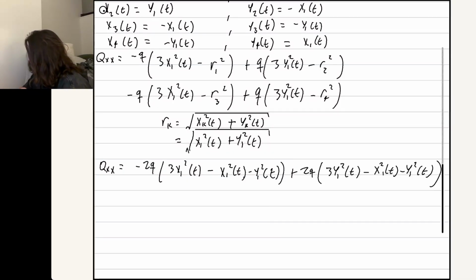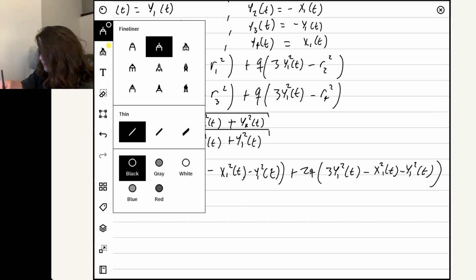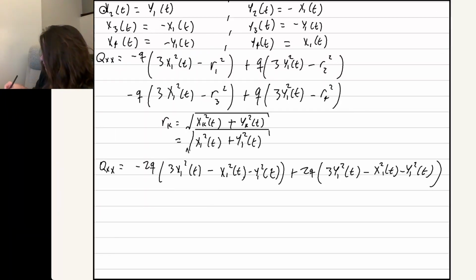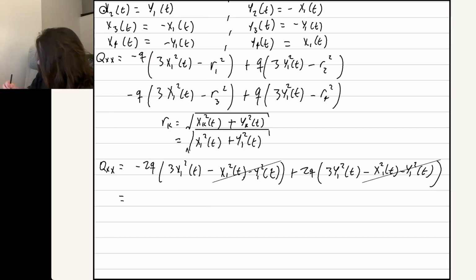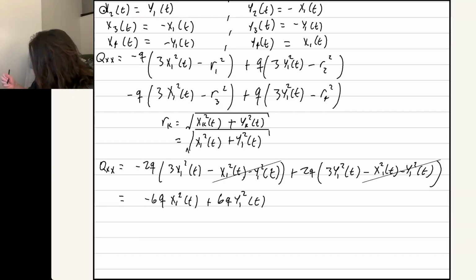And then what's funny is that the r squared terms will all cancel out each other, since all the charges of the particles are the same magnitude. So these will go away, and you'll just end up with minus 6q x1 squared of t plus 6q y1 squared of t.